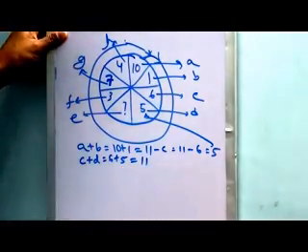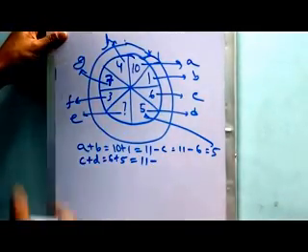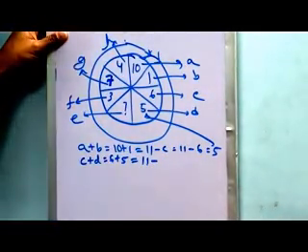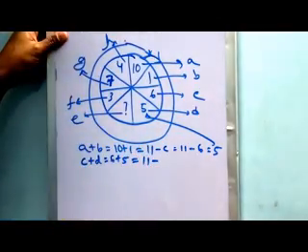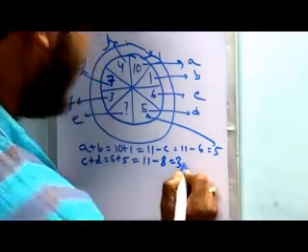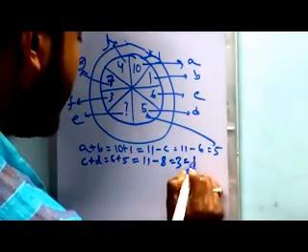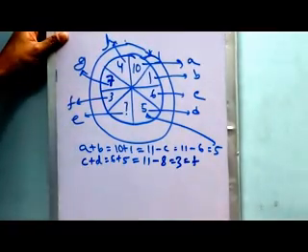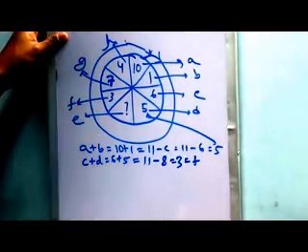Now, which particular number do we need to subtract from this 11 to get the next number F? If we subtract 8, then we get 3, which is put here. So F equal to 3.